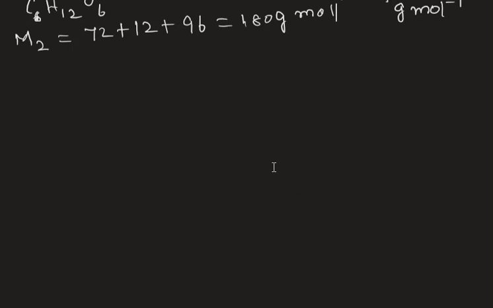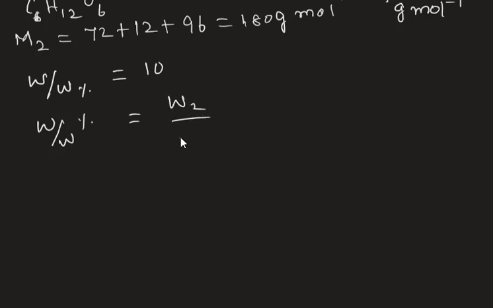So weight by weight percent is equal to 10. We should know the formula of weight by weight also. So what is weight by weight percent? That is given by W2, the weight of the solute present in a given amount of solution, into 100.